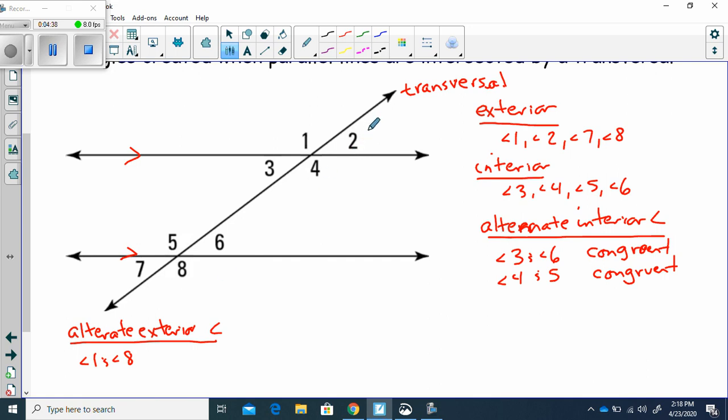Another exterior pair would be angle 2 and angle 7. Opposite sides of the transversal and outside, angle 2 and angle 7. Now think about this. If I were to bring this whole intersection down here, and translate it down, angle 1 would be here.